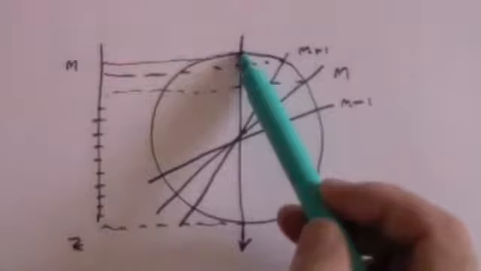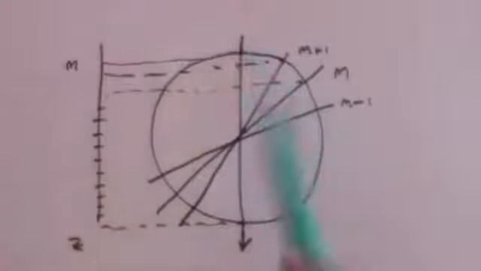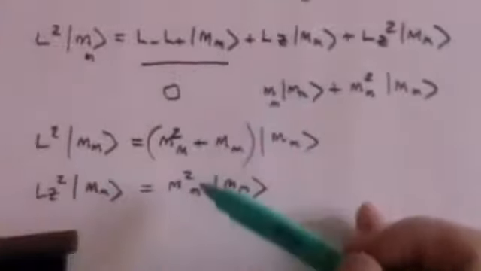And when you measure that, Lz, which is the operator, will simply return you the eigenvalue of the angular momentum, which is the maximum value of m. So that's what we've got down here, that Lz squared returns the maximum value of m squared.